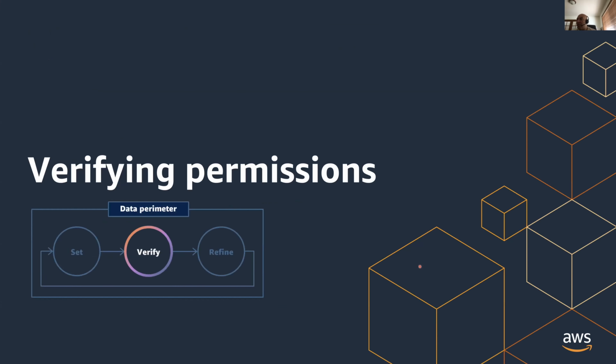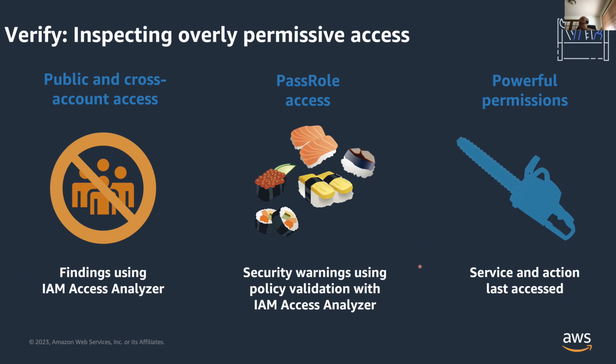Next, let's go to verifying, and we'll touch in a minute or so on what we need to do to verify permissions and what the best practices are. We need to find the list of public access across our network and use Access Analyzer to minimize it. We also need to use Access Analyzer to minimize the number of pass roles, where you as a user delegate some permission to your service or app.